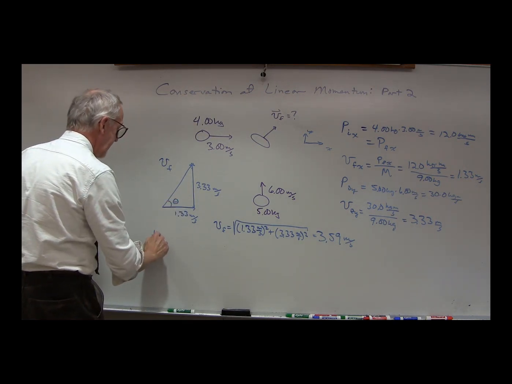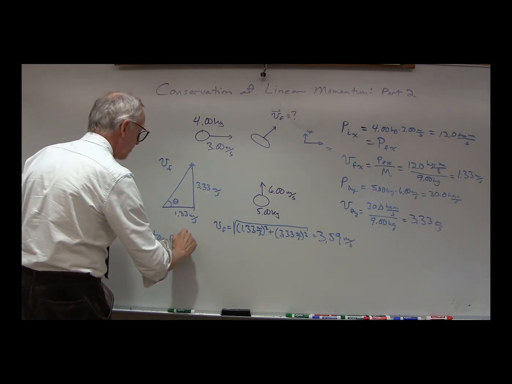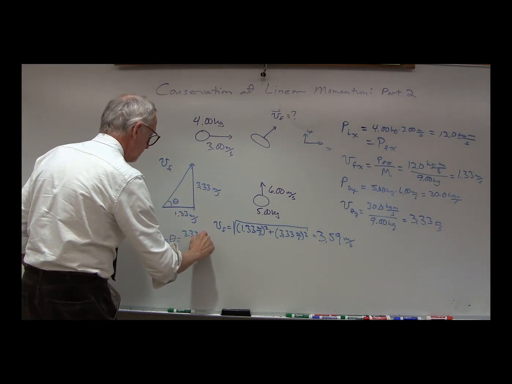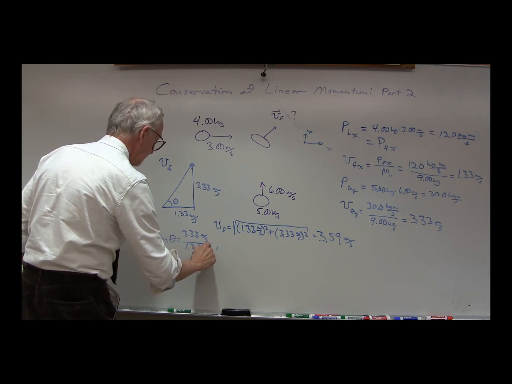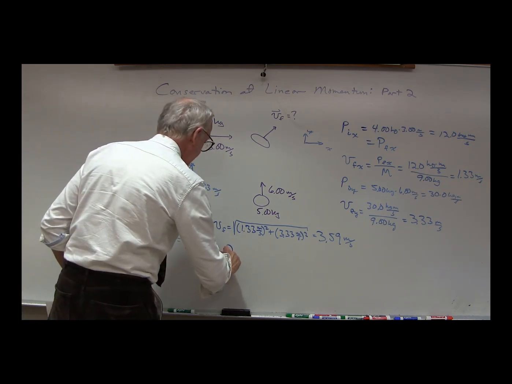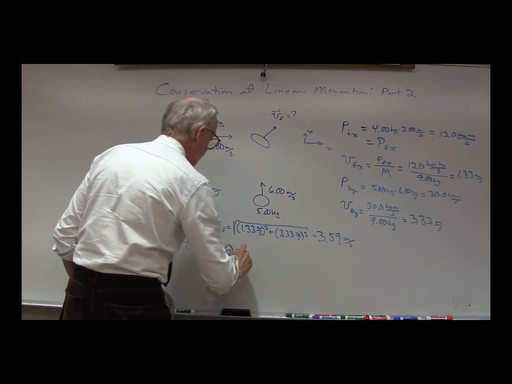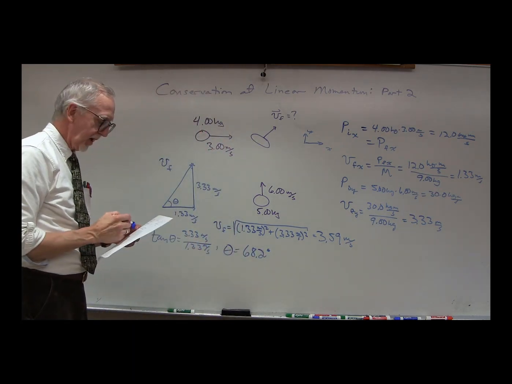Well, we know that the tangent of theta will equal the opposite over adjacent, 3.33 meters per second divided by 1.33 meters per second. Take the inverse tan and we find that theta is equal to 68.2 degrees. Okay.